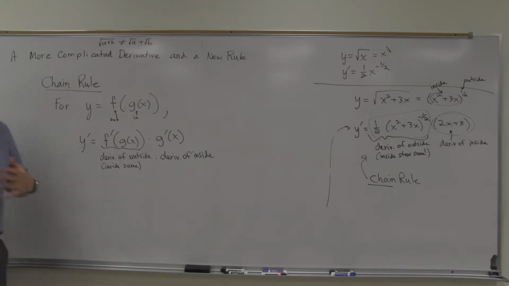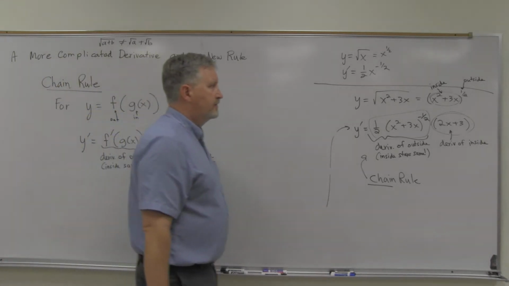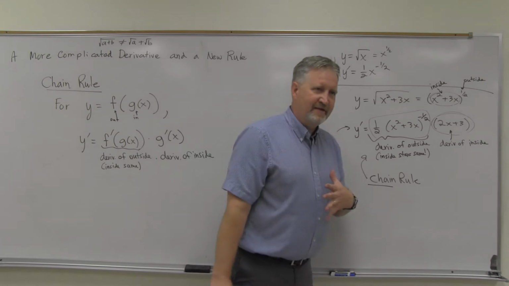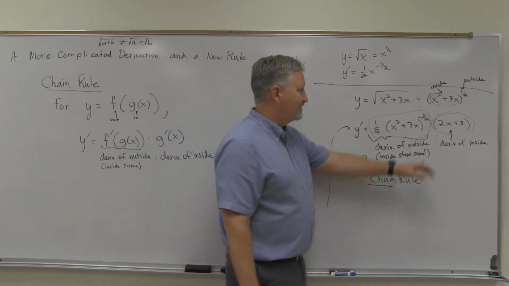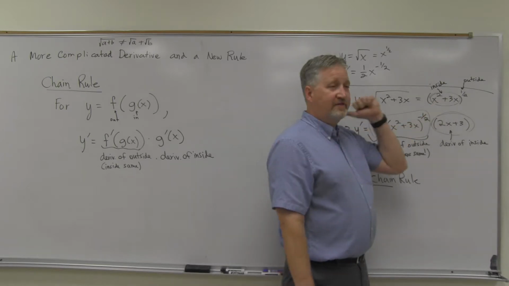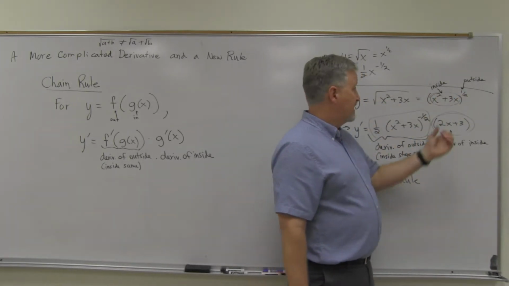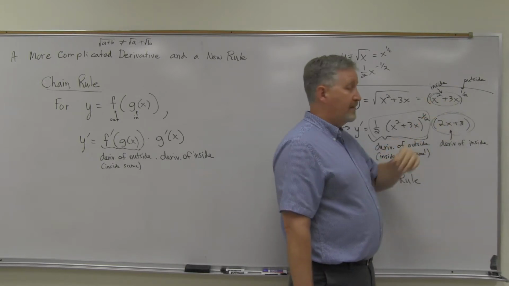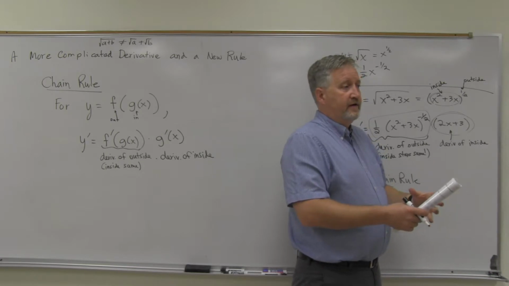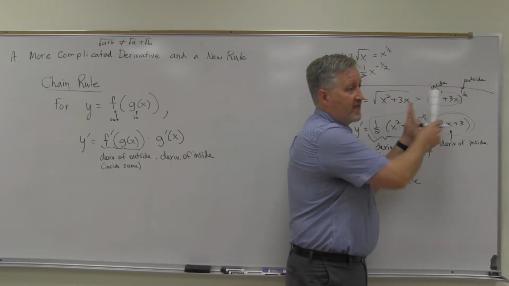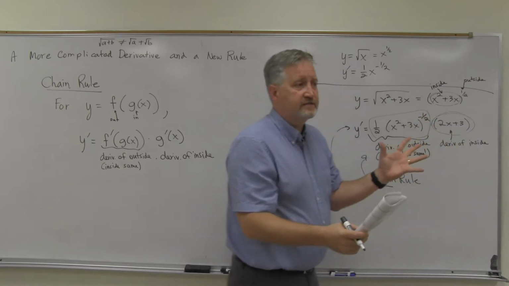Another way to look at it, which will be helpful for some examples later, is that I've got a 1/2 power, so I've got to do the derivative of it. I've got stuff on the inside. Basically, I've got to take the derivative of everything I've got there, in the proper order.